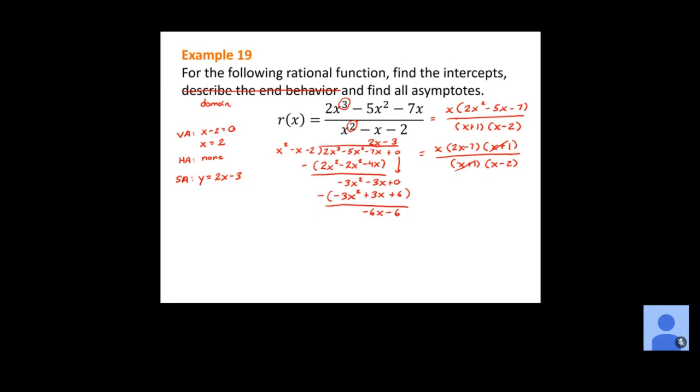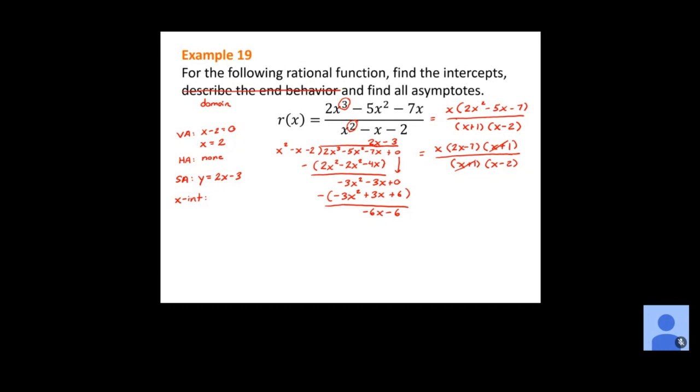All right, let's do our intercepts next, right? And I'll start with x-intercepts. How do we find an x-intercept? You could, right? So you could look at the graph here. What I'm going to do, though, I'm going to try to do this algebraically.